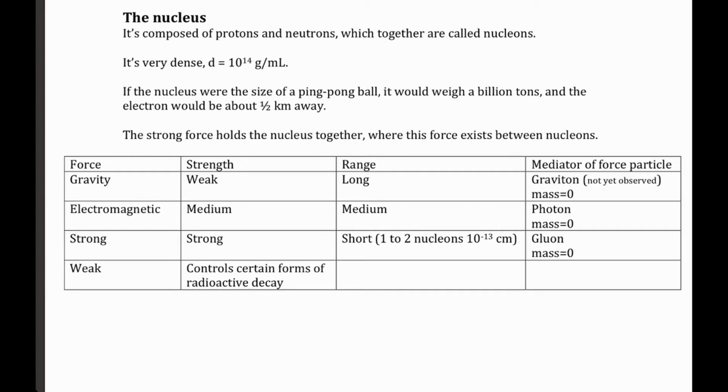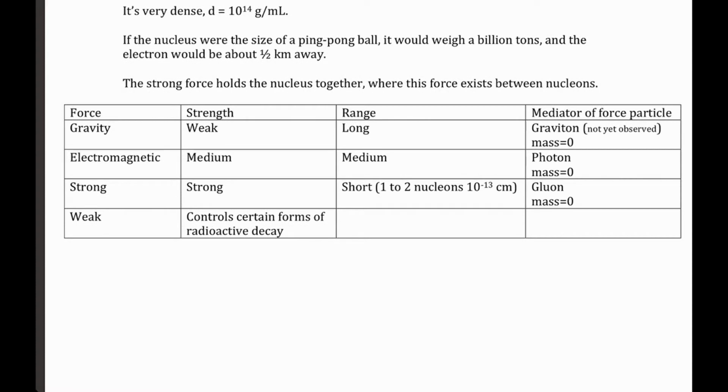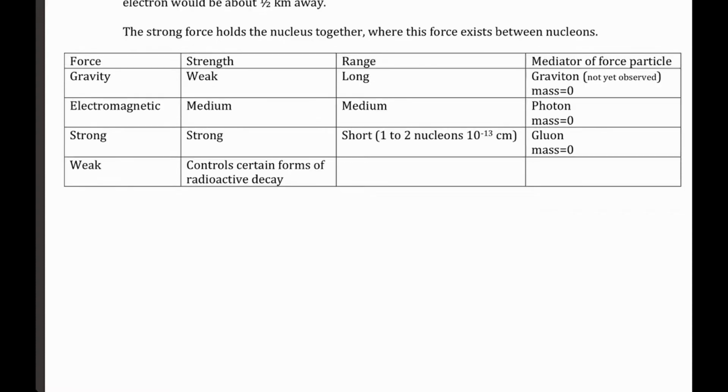Of those three, it's the strongest, but it's also the shortest ranged. It has a range of only about 2 nucleons, so it doesn't even go throughout the whole nucleus. And then there is this fourth one, which describes certain forms of radioactive decay.